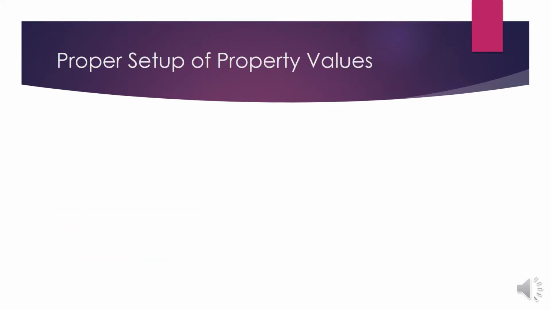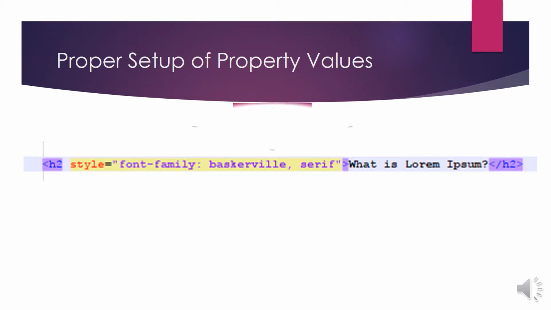What is the proper setup of property values? If we look at this H2 HTML tag, this is where we have one property value. The property value: style equals, and in quotation marks, we have the property name, font-family, colon, space, Bakersfield, comma, serif. Do I have to put serif in there?